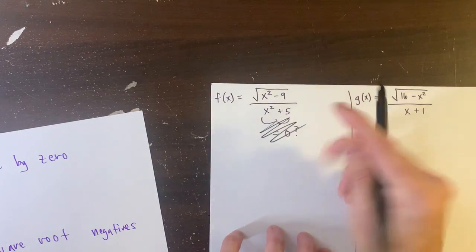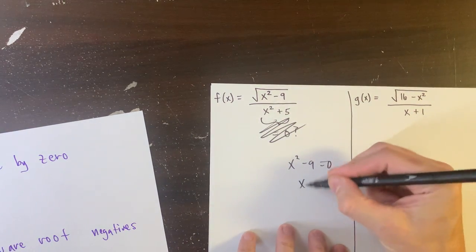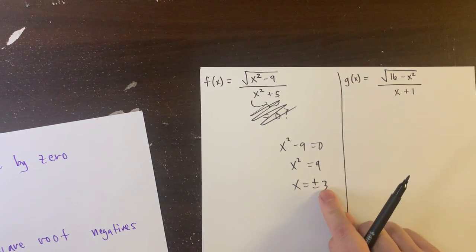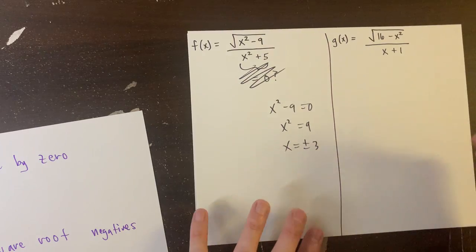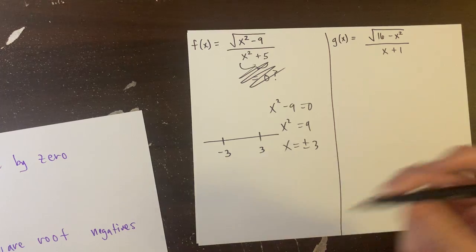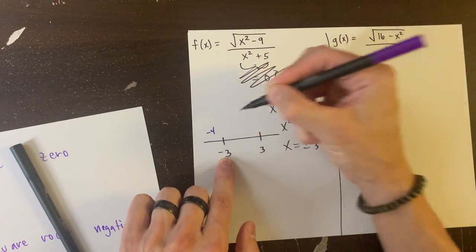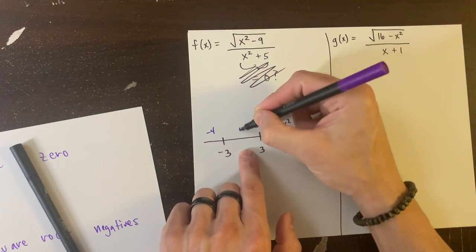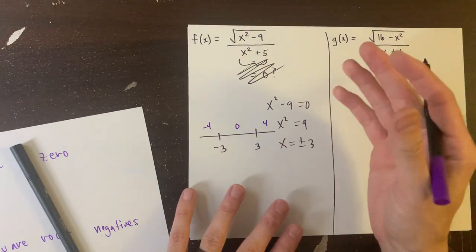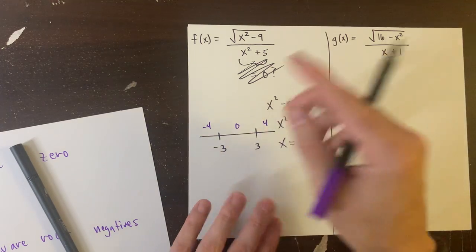So let's just worry about the top. That says x squared minus 9. Set that equal to 0 and solve. If you square root, it'll be plus or minus 3. So what this means is we should make a cut at positive 3 and negative 3. And now I am going to test some numbers. I'm going to test the number before negative 3, between, and after positive 3. You see, these purple numbers are test numbers, and they'll indicate whether or not the region to which they belong is acceptable or not.